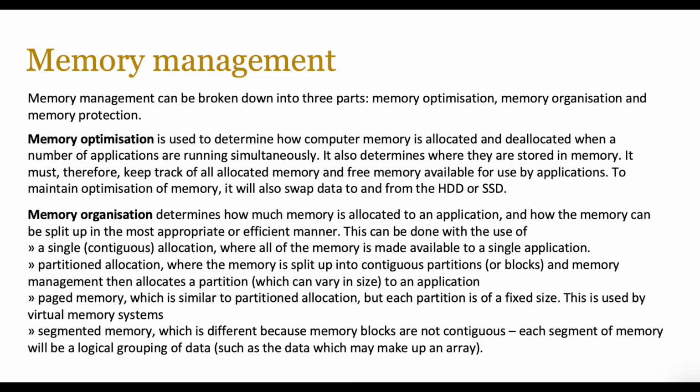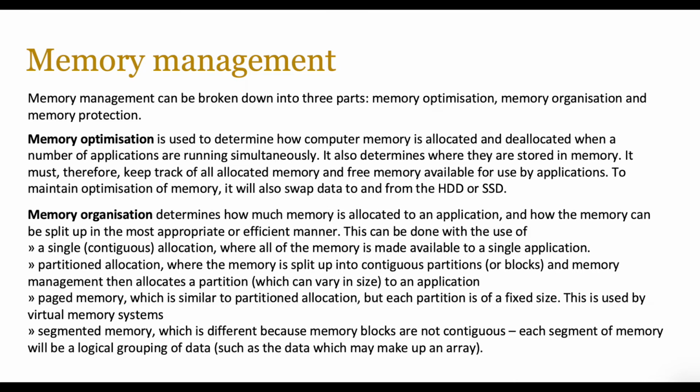Then you've got partitioned allocation, where memory is split up into different contiguous blocks, and memory management then allocates a partition to an application. So if you've got 2 or 3 applications running, then it'll divide the memory into blocks which are contiguous, which means they're next to each other, and it allocates one to each application that wants it. Then you've got paged memory, which is similar to partitioned allocation, but each partition is of a fixed size.